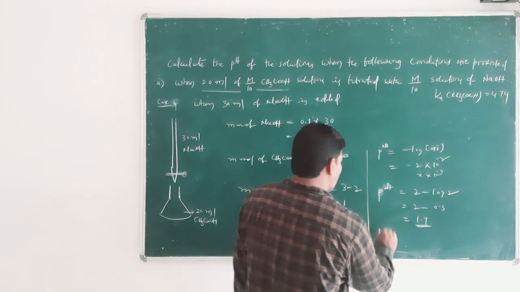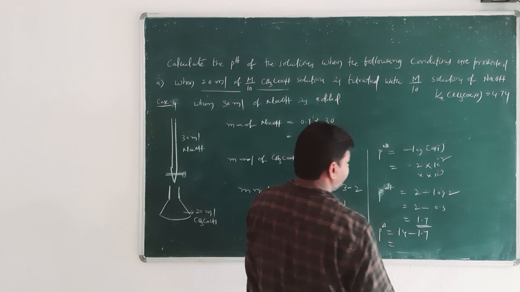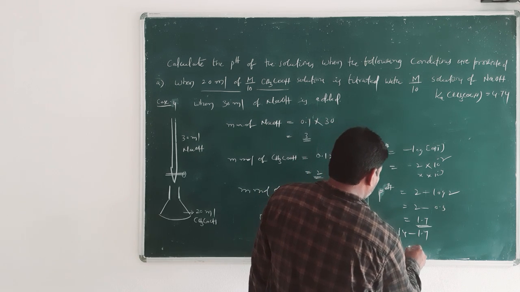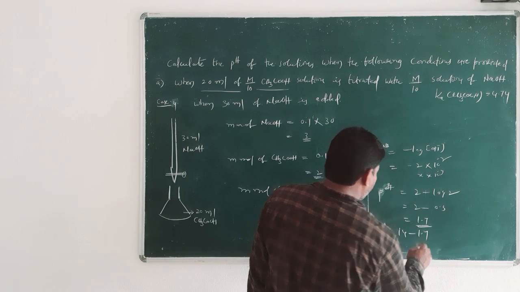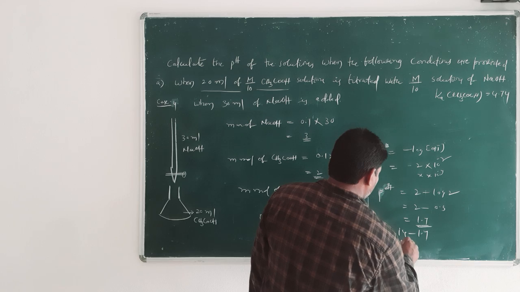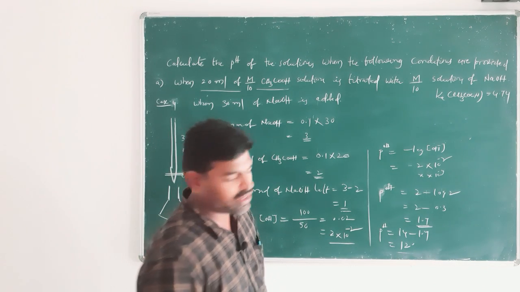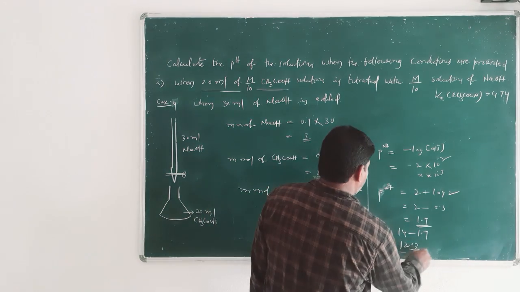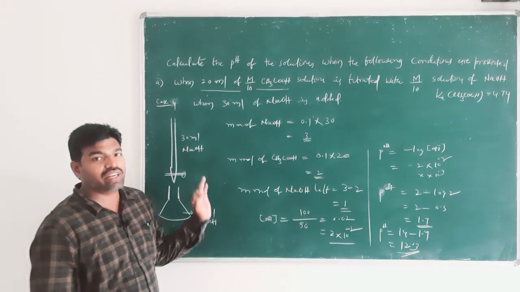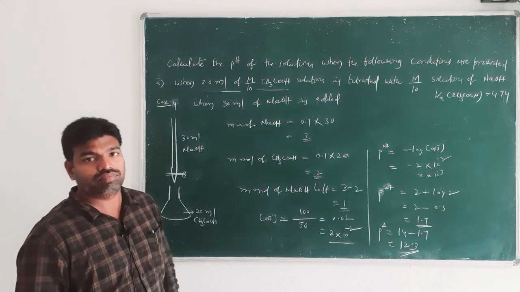So, pH is equal to 14 minus 1.7, which comes out to be 12.3. So, in this way we can calculate the pH when the volume of titrant is more.